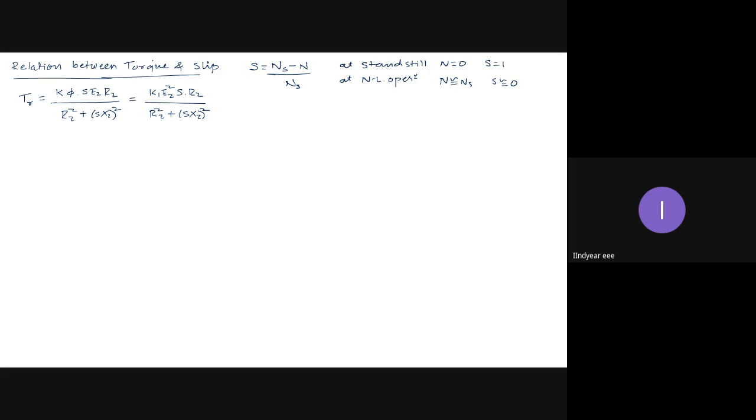So, first let me plot a graph. This is torque, and let me take this x-axis.